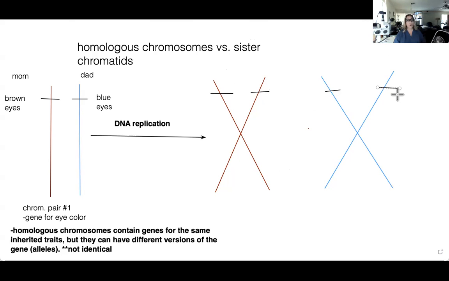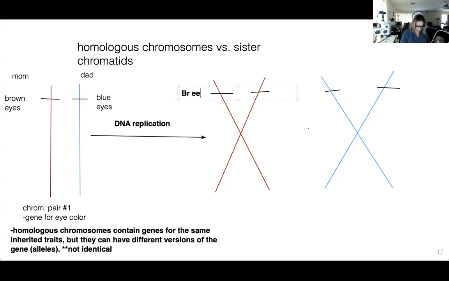But the sister chromatids are identical. So this is what I mean by that. Remember that the red chromosome was from mom. Now that chromosome made an exact copy of itself. So here we have brown eyes.